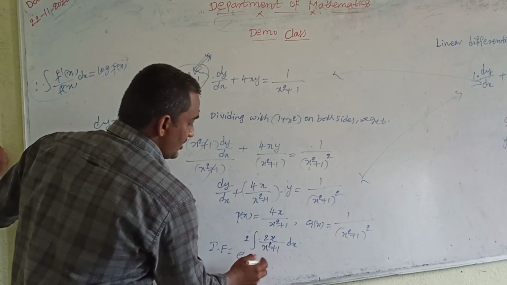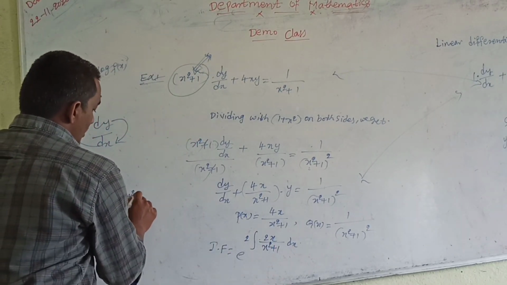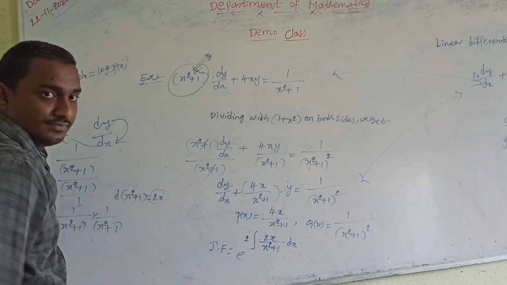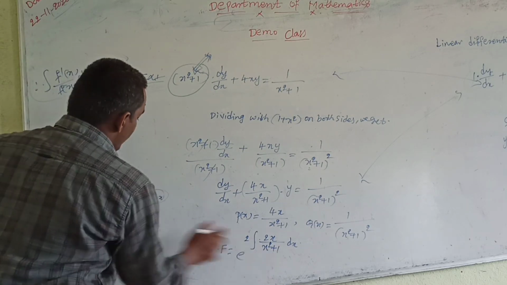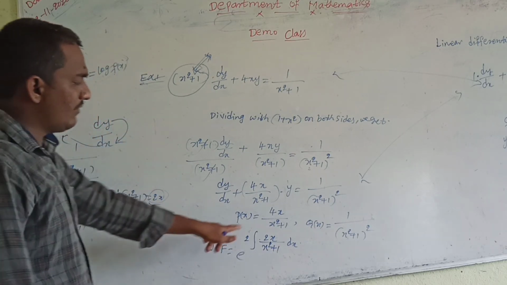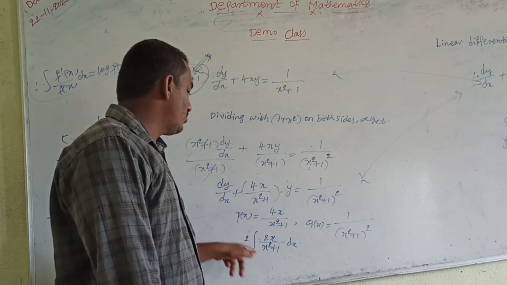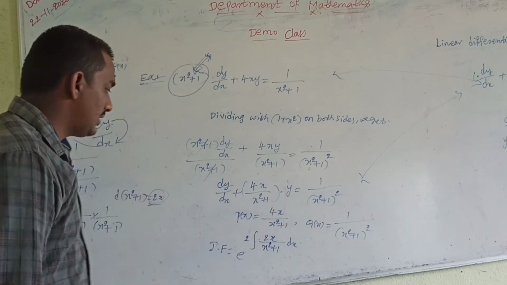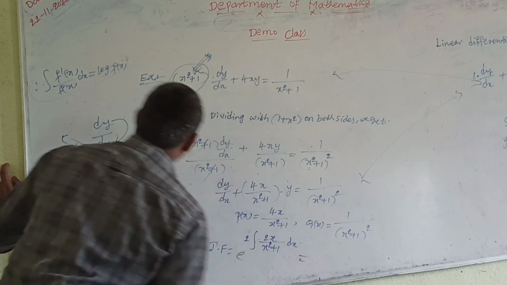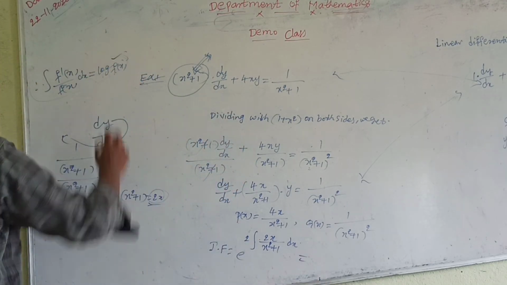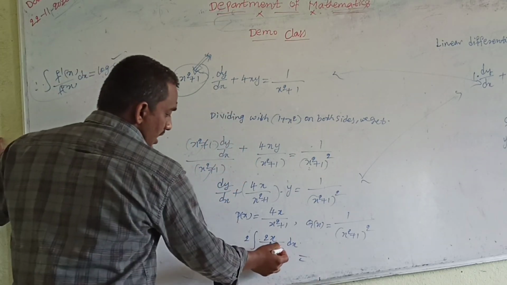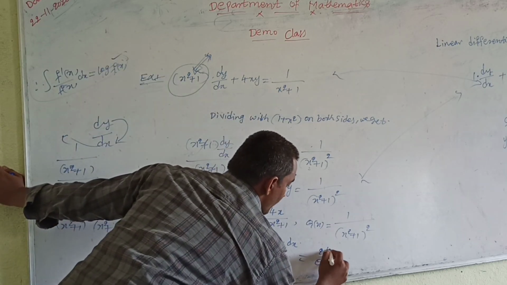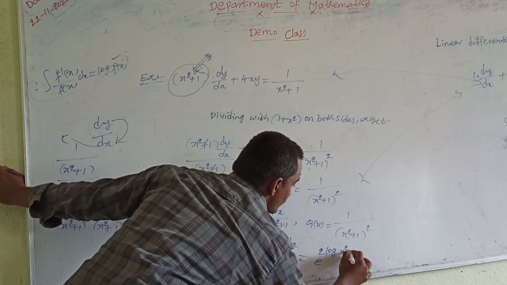When we differentiate x square plus 1, we get 2x. But here we have 4x, that's why I am writing 2 outside. So we can write it as 2 log f of x, where f of x is x square plus 1. So e power 2 log of x square plus 1.